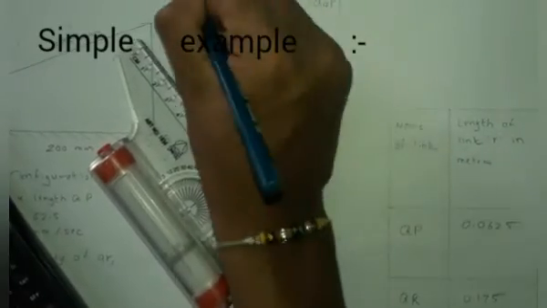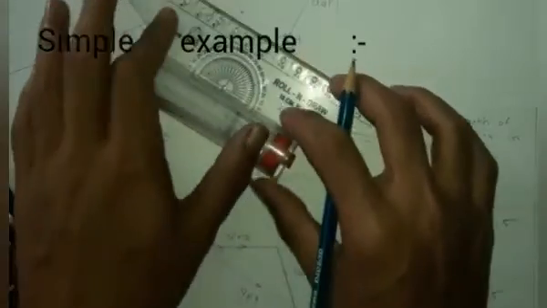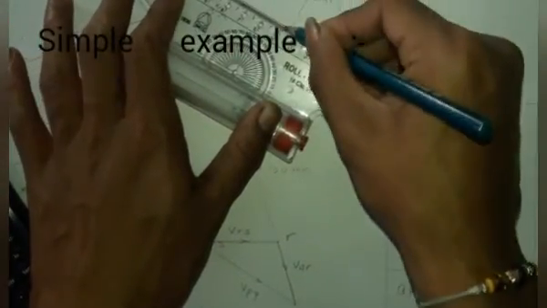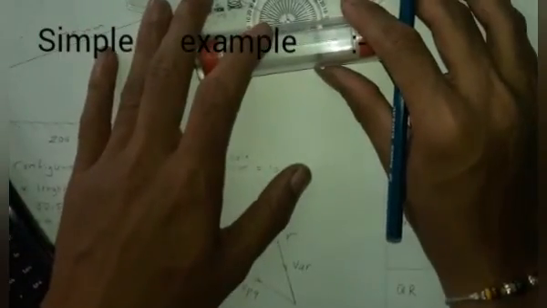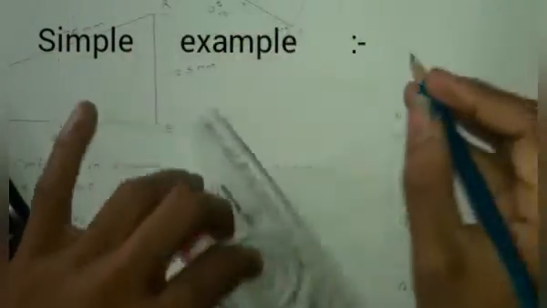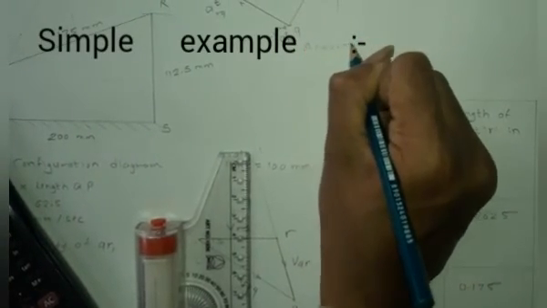So in this way we get point R. After joining point RQ and PS, we will get the acceleration diagram.